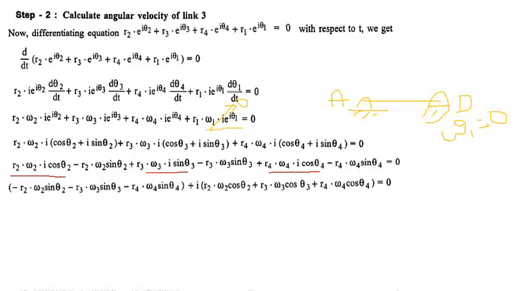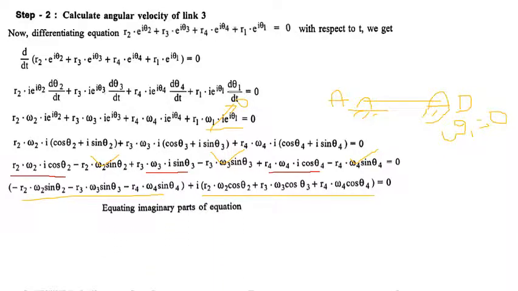So 1, 2, 3 imaginary parts, whereas 1, 2, 3 real parts. So these are real parts, real part, real part, real part. So we have to separate real and imaginary parts. So this is the real part we have written separately, whereas this is the imaginary part which is equal to 0.